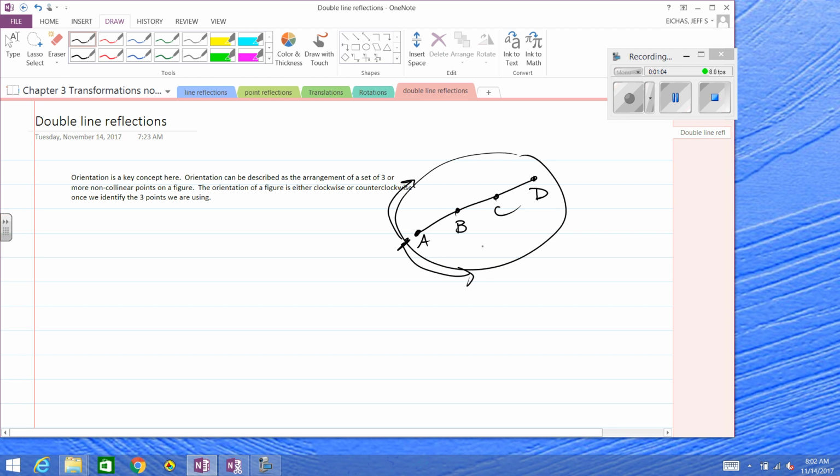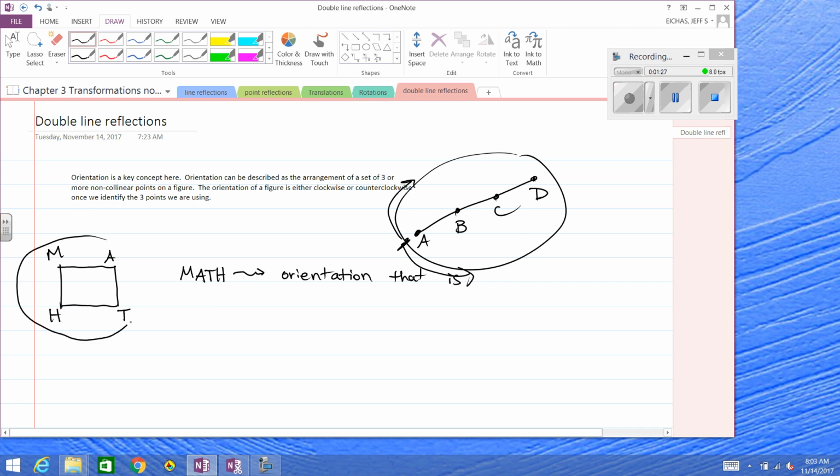So what we have to do is have three non-collinear points, such as this. Say we get a figure that's identified by the vertices MATH. So the figure MATH has an orientation, and what we can do is circle the figure.